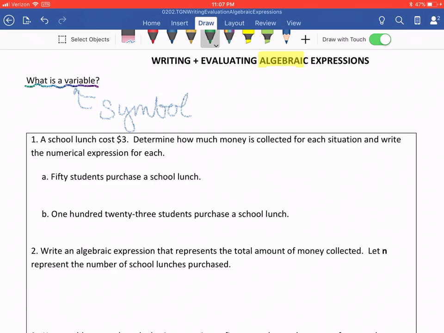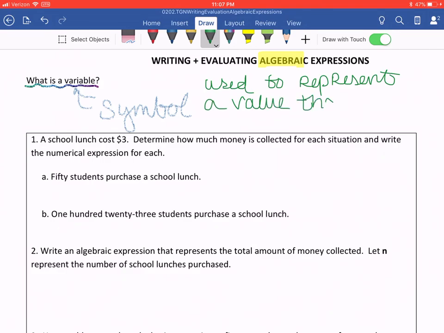So it's usually used, I'm going to write used, to represent a value that varies. And if we remember, varies also means changes. So if that's a more familiar word for you, you can go ahead and use changes instead. So a variable is a symbol that is used to represent a value that varies or changes.